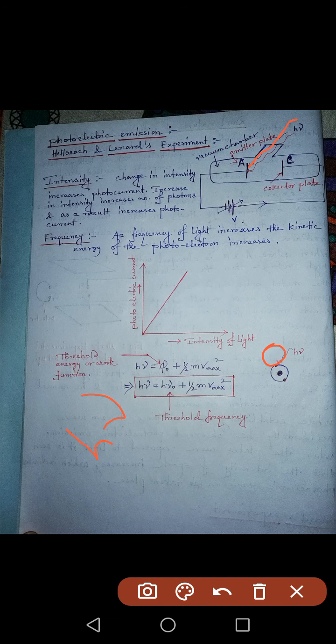One part of this h nu energy will be used to make the electron free from the nuclear binding or from the respective atom, and one part will be used as kinetic energy. Suppose one photon carries 100 joule of energy.